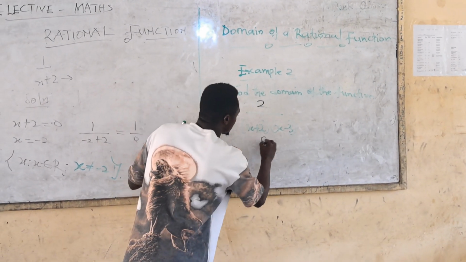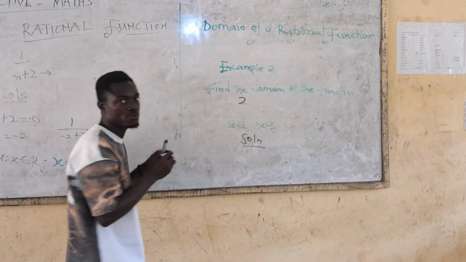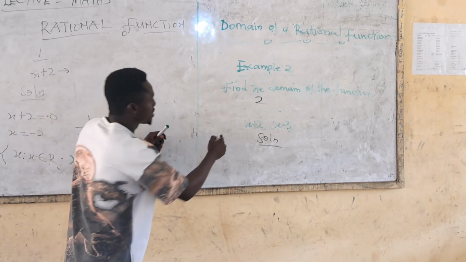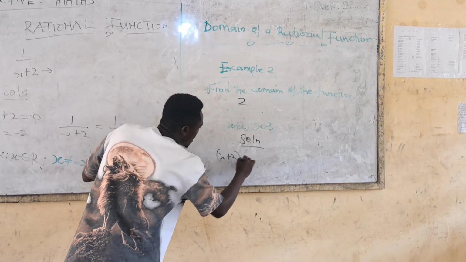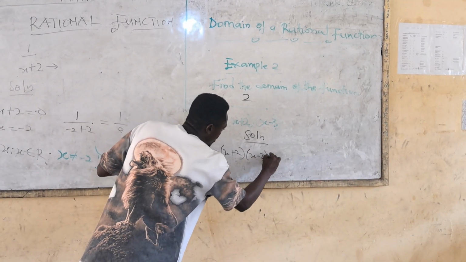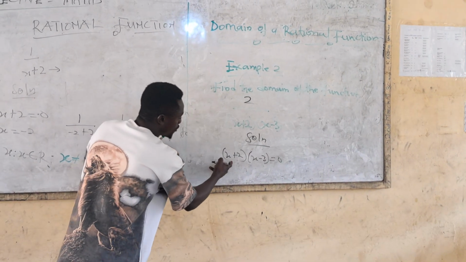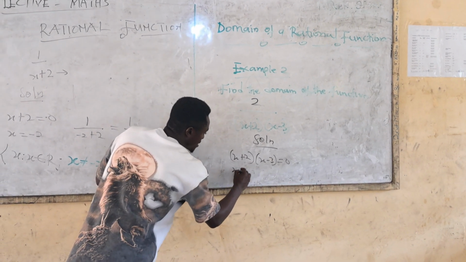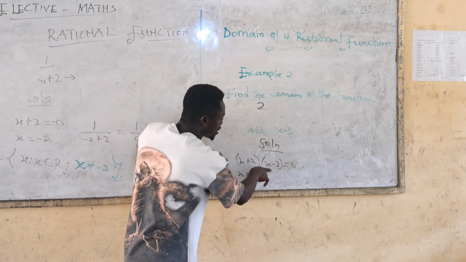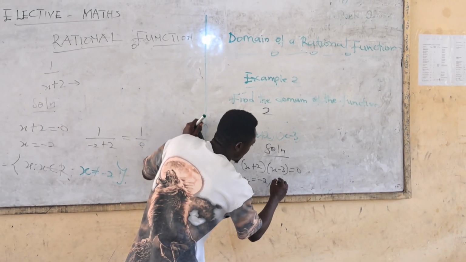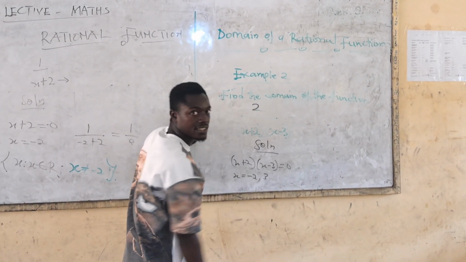So all that we need to do is to equate the denominator to 0. So we take the denominator and equate to 0. We are going to have (x plus 2)(x minus 3) equal to 0. Therefore, if you equate this one to 0, we are going to have x equal to negative 2. Then if you equate only this one to 0, we are going to have x equal to positive 3.